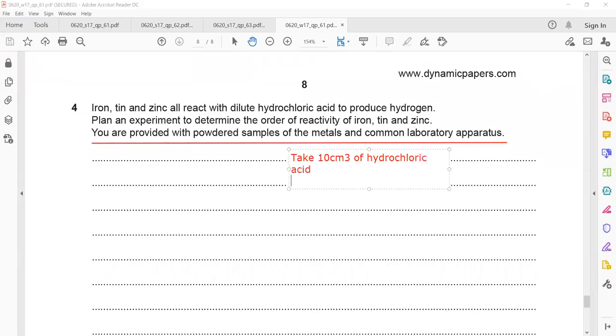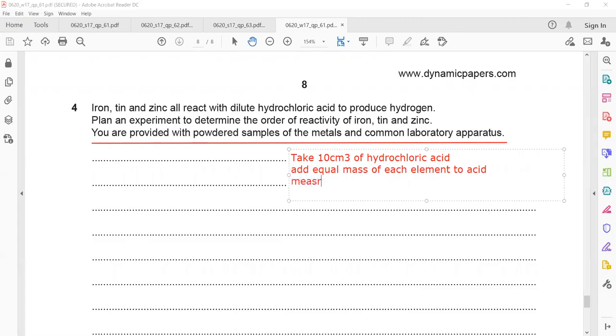Then add 2 grams, or add equal masses, of each element to acid.